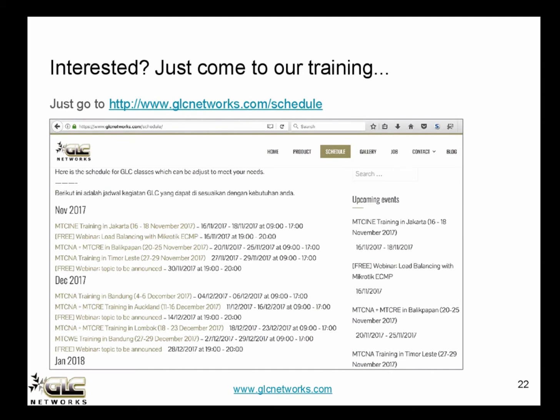That is the basic skill for Mikrotik, and from this MTCNA, you have specializations based on your requirement. If in your network you have more than one router, or you are managing many routers or many networks, we suggest you take the MTCRE, Mikrotik Certified Routing Engineer.